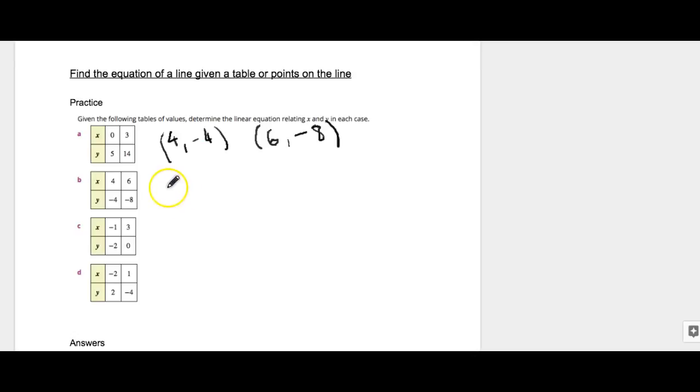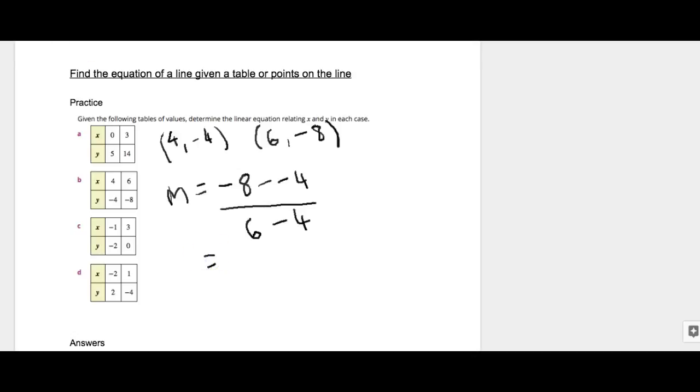Now we go ahead and calculate the value of m, which is our gradient. So I take this -8 minus this -4 divided by, oh, that's a terrible line. Let's maybe do that one again. Okay, 6 minus 4. So we do the difference in our y's and then the x's.